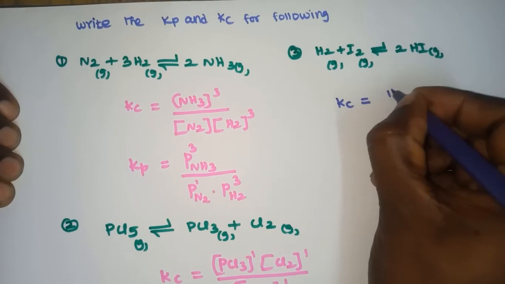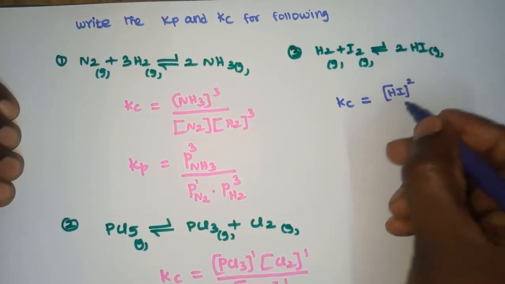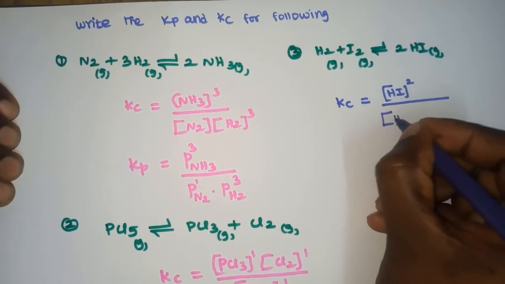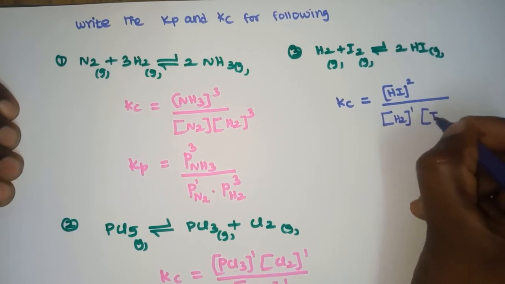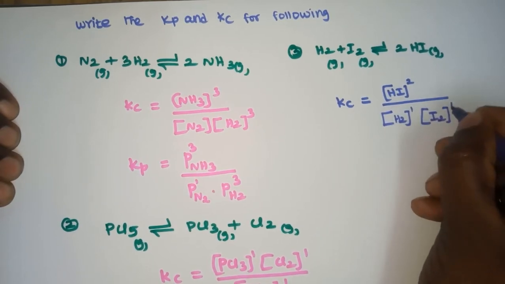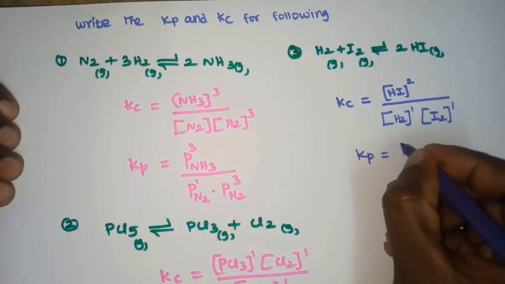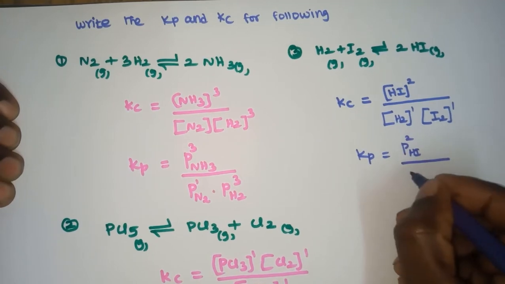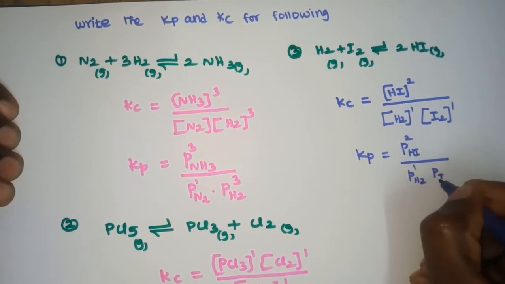Kc equal to active masses of the product power number of moles of the product divided by active masses of the reactant power stoichiometric coefficient. In the same way, Kp is written as Kp equal to PHI power 2 divided by PH2 power 1 PI2 power 1.